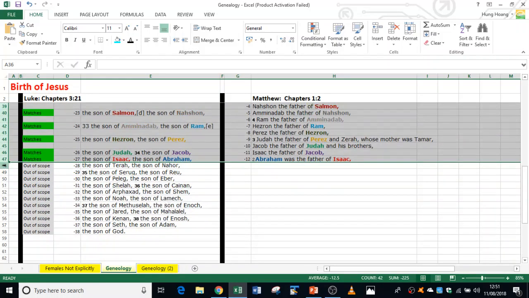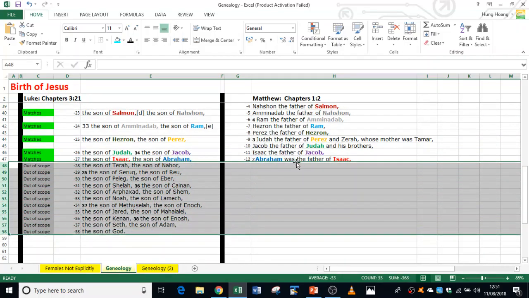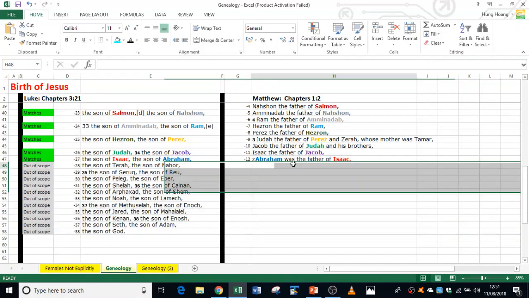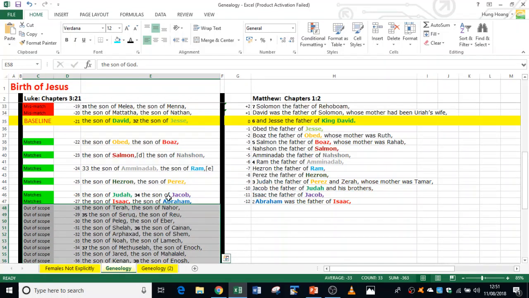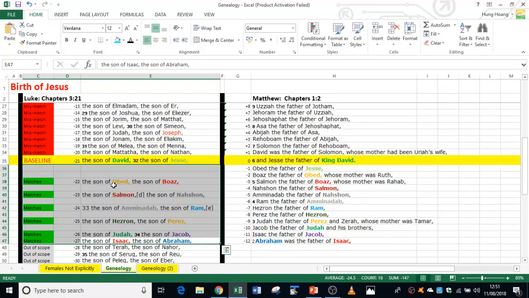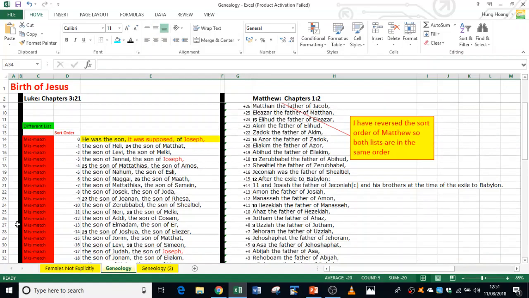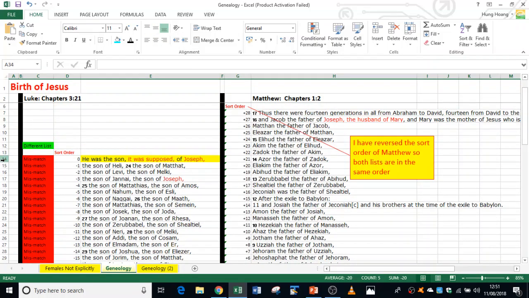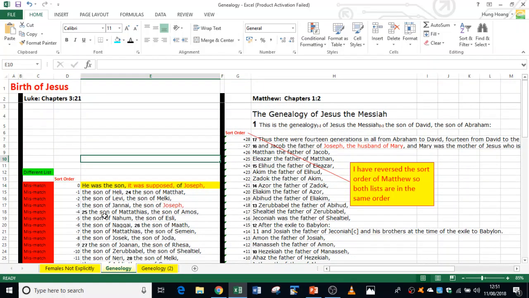After that, for Matthew it's out of scope because Luke has the entry and Matthew doesn't go back that far. So there's nothing wrong with this. It's just that they don't have that list in Matthew, and that's totally green. For Luke and Matthew, the only difference is from King David to Joseph, so why is it so different?